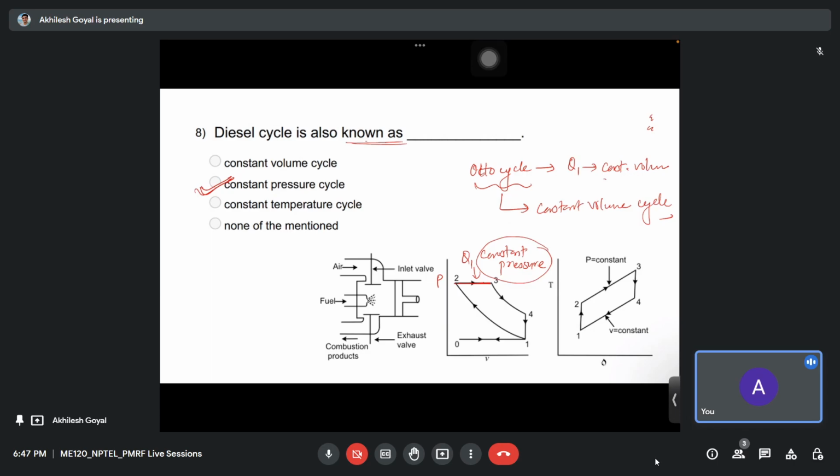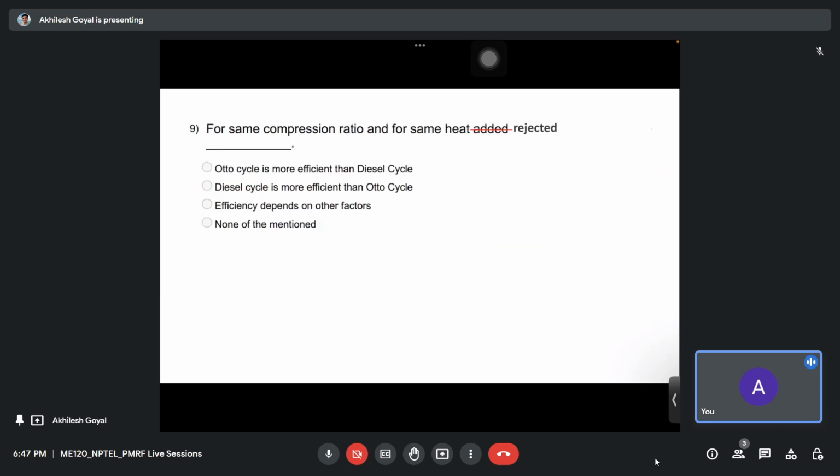Now the next question here is, for the same compression ratio and for the same heat rejected, the efficiency of the Otto cycle and diesel cycle.